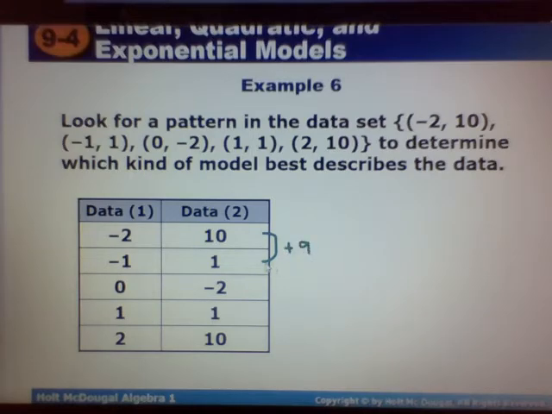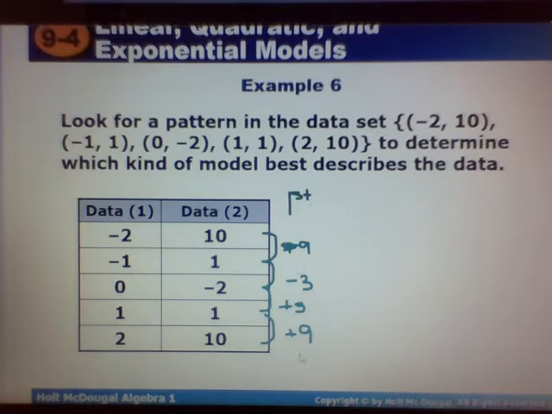Between 1 and negative 2, we're subtracting 3. Between negative 2 and 1, we're adding 3. And then between 1 and 10, we have adding 9. Okay, so that's our first difference again.